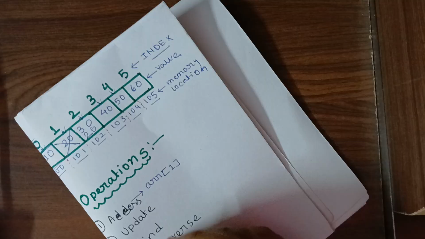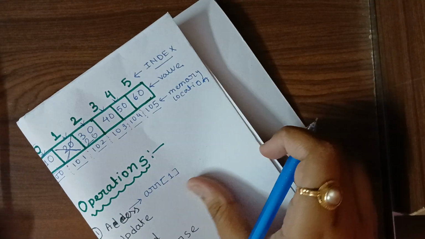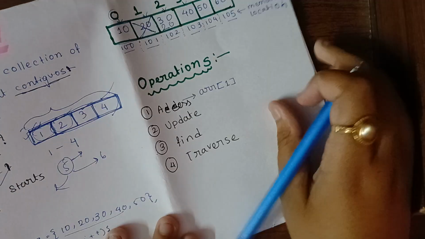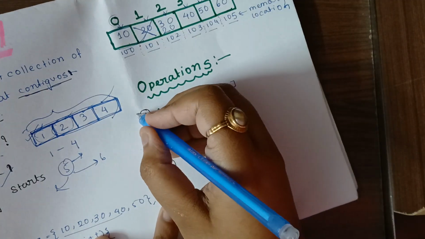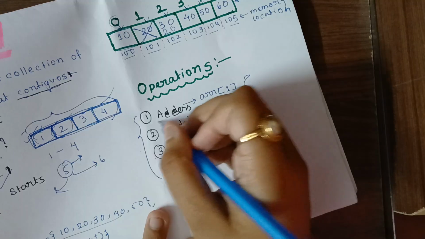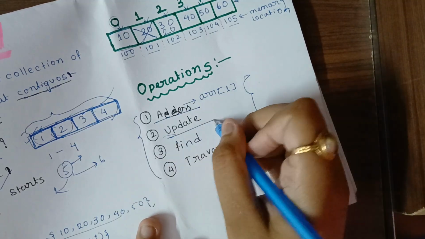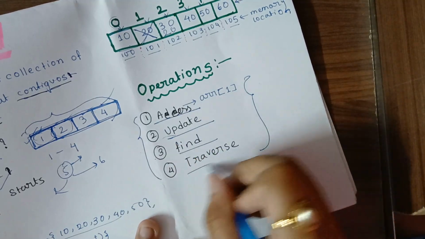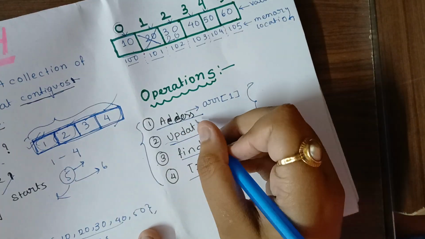Now what operations can we do in an array? Generally the most important are 4 operations. First one is access, second one is update, third one is find, fourth one is traverse. What is the meaning of access?